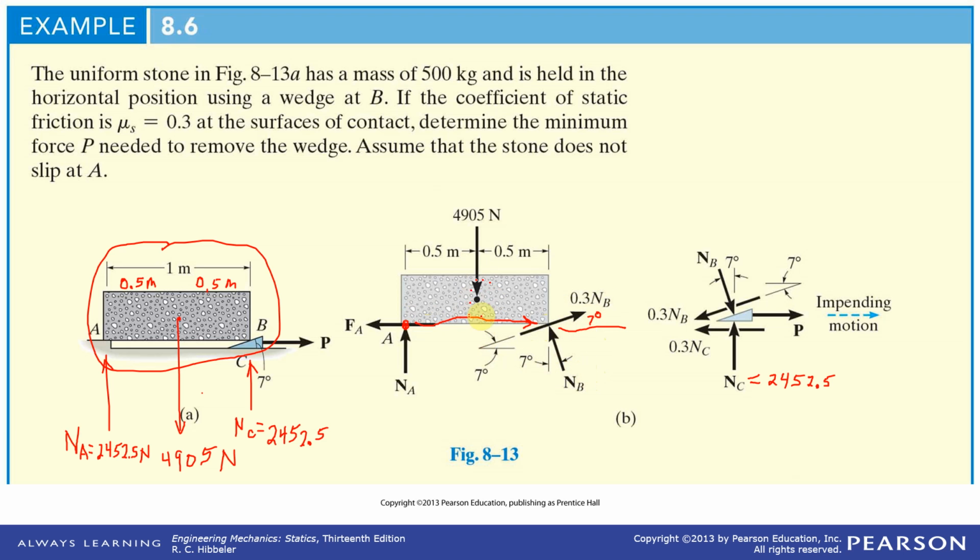We're also going to have this times a half. That's pretty easy. We're going to have NB cosine of 7 times 1. So they're the lever arm and the force. Well, I'm just taking the perpendicular force. And the parallel force you don't have to worry about because its line of action goes right through A.